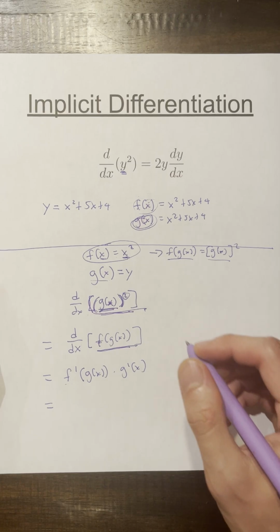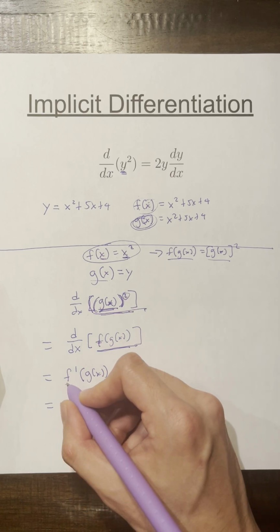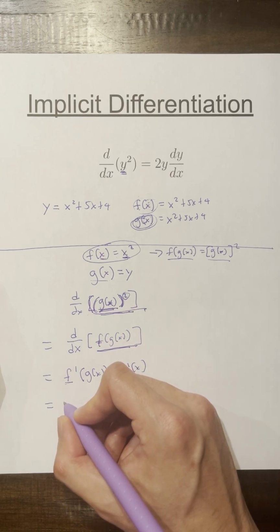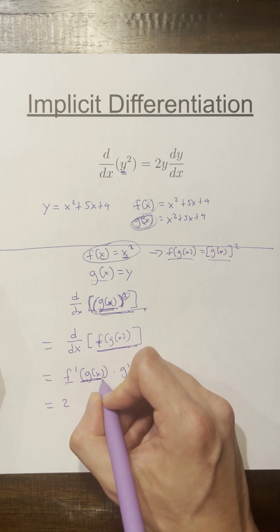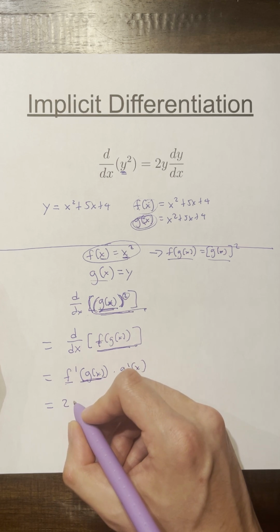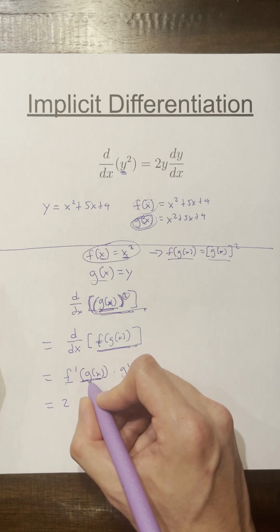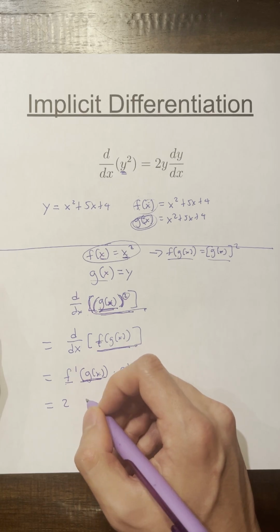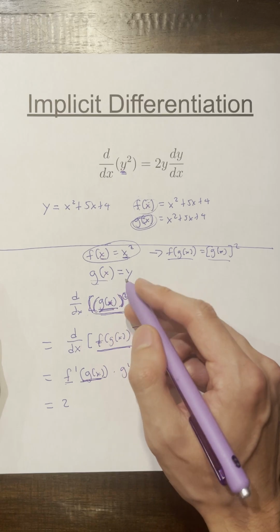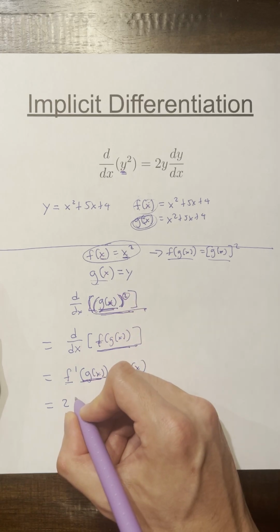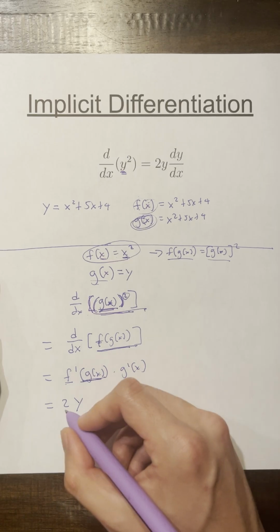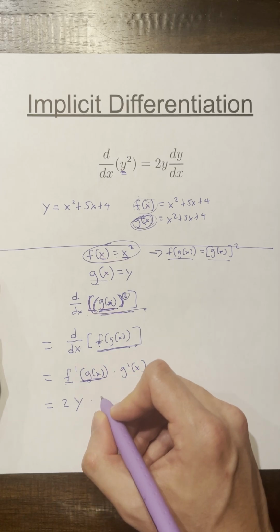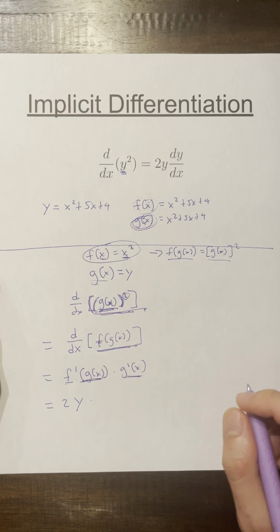It would be 2x. So 2 times g of x. Okay. And g of x is y. Okay, so 2y times g prime of x.